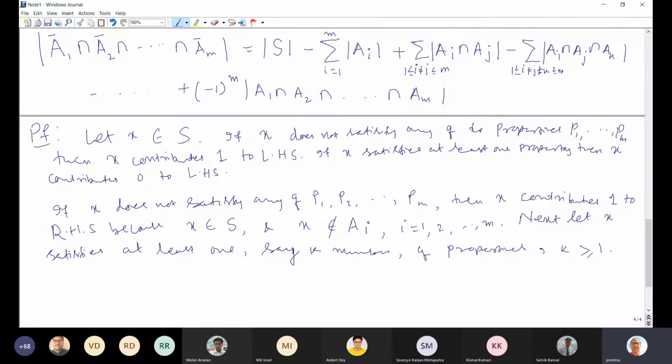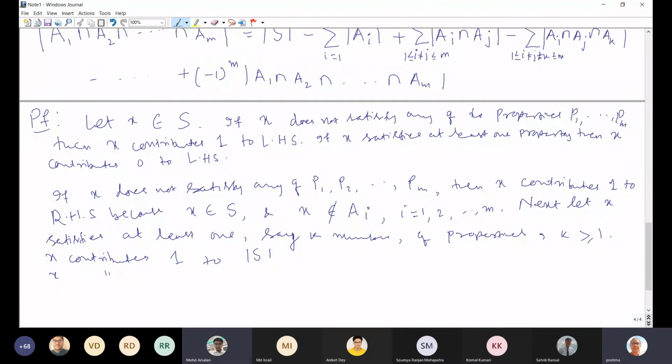X contributes 1 to the first term, that is the cardinality of S. Then for the second term, how much will it contribute? K, right? K minus 1.